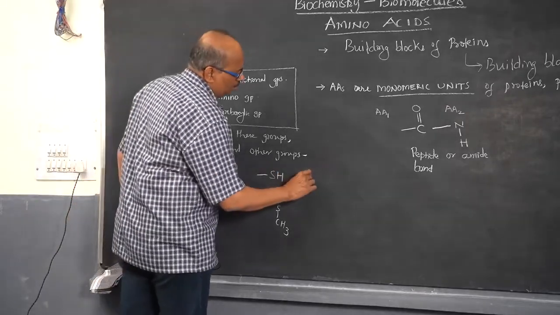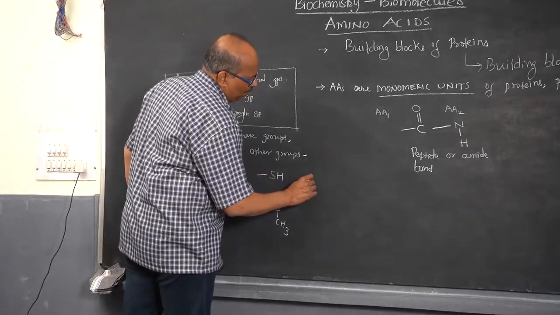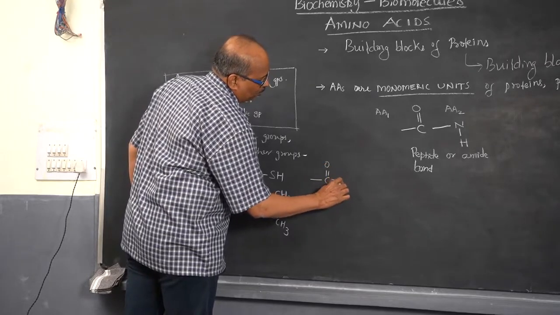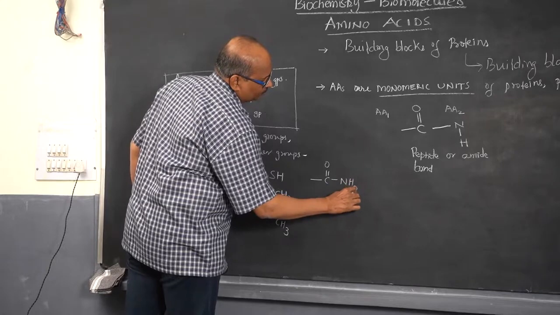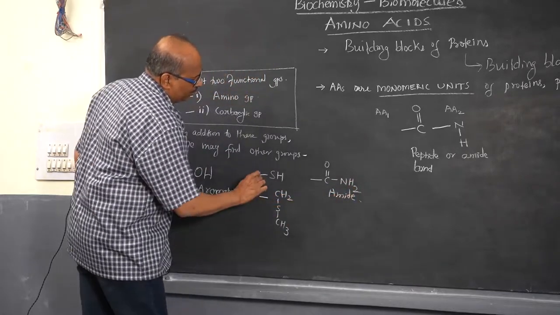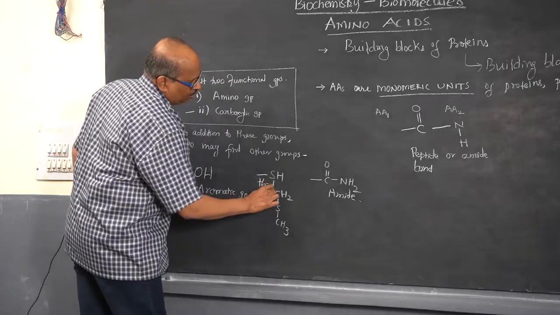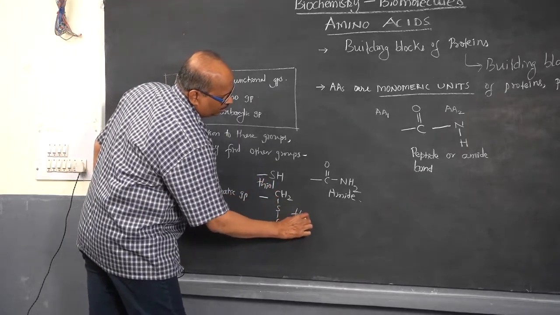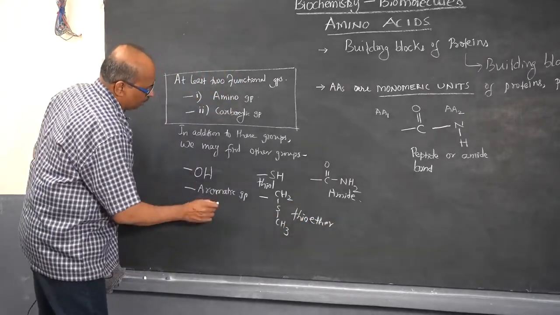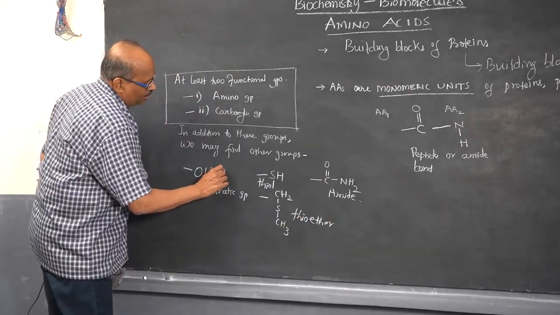If you consider asparagine and glutamine, you have an amide group. So amide, thiol, thioether, aromatic, hydroxy.